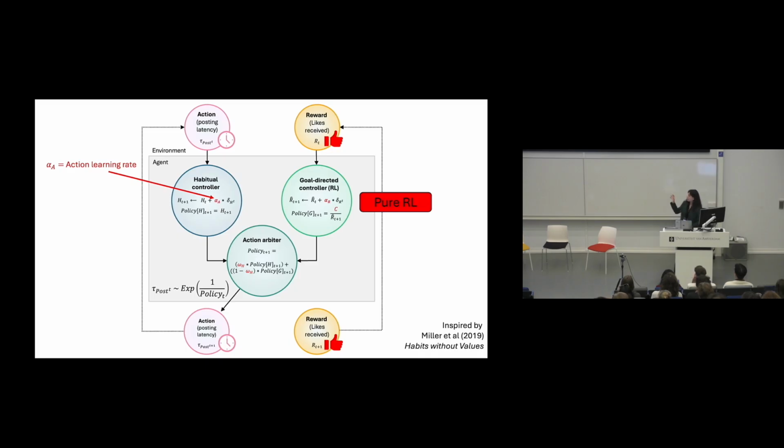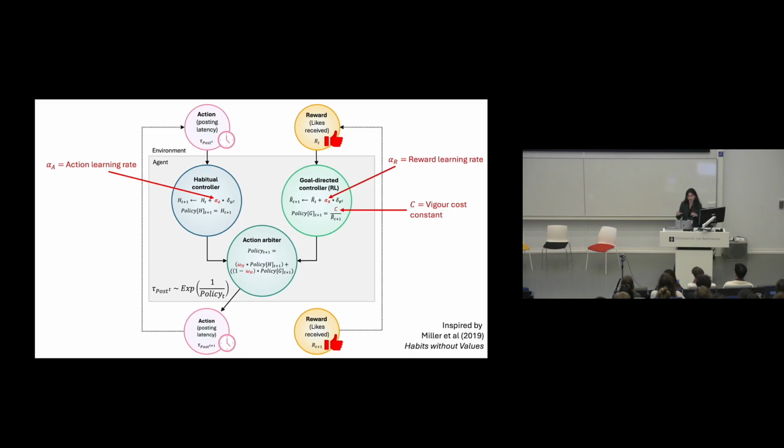We then had a pure reinforcement learning component, which is this goal-directed component. Here, the controller is calculating the expected reward, that's the expected amount of likes on each post, parameterized by a reward learning rate. And then your policy is, again, capturing that inverse relationship so that the higher the expected reward, the shorter your posting latency policy, so the quicker it's telling you to post.